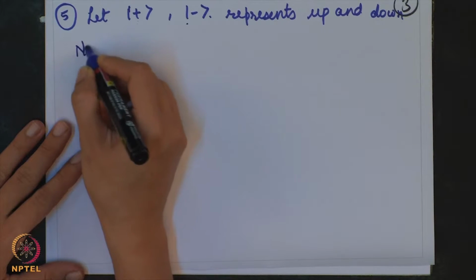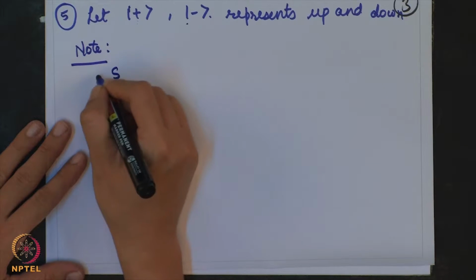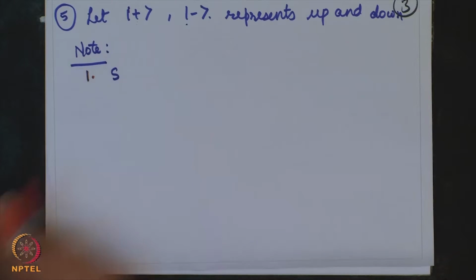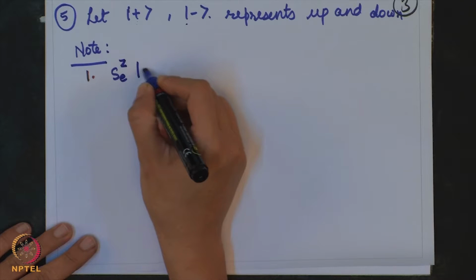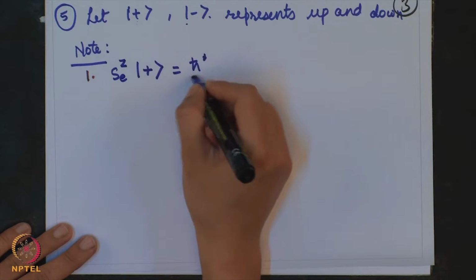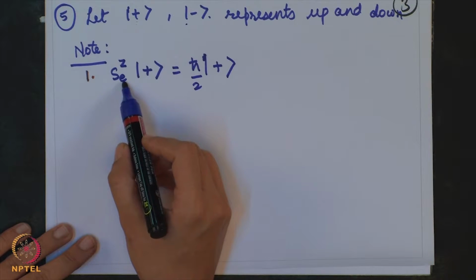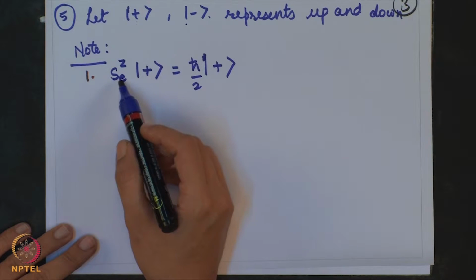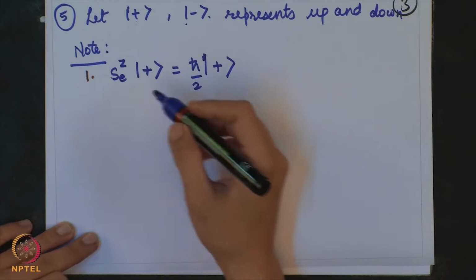So, just note that whatever I said just now, let me call this point number 1, and you all are aware of this very well, but just to put it on paper. So, Se denotes that we are talking about the spin of the electron, and when I write the subscript Sp, it is the spin of the proton, positron.